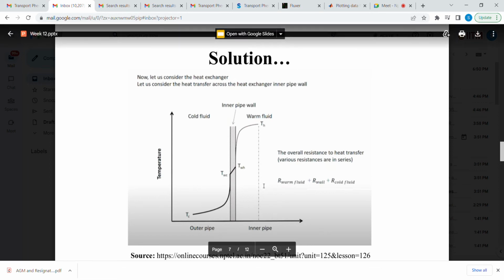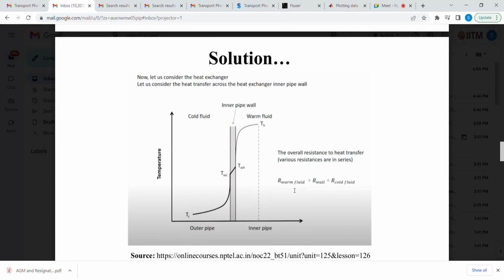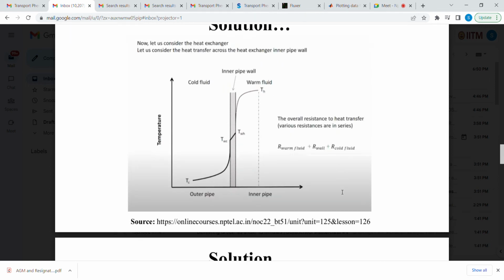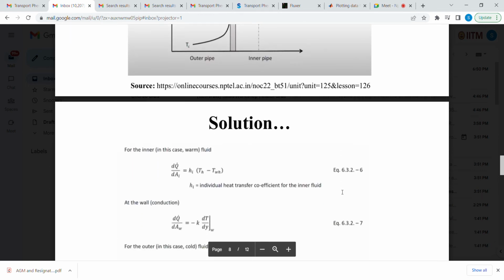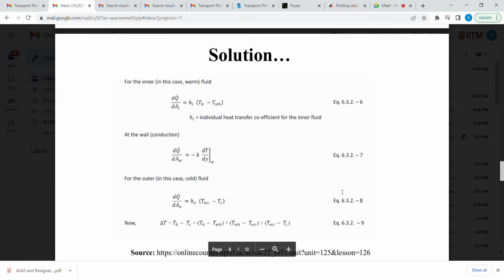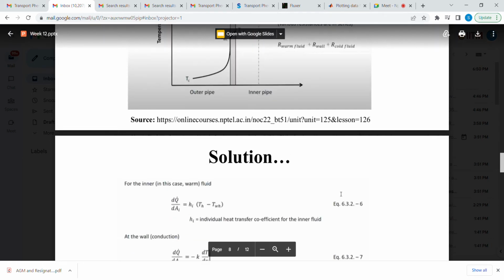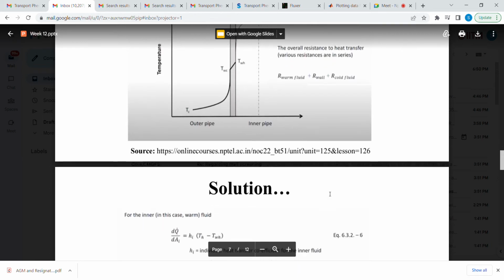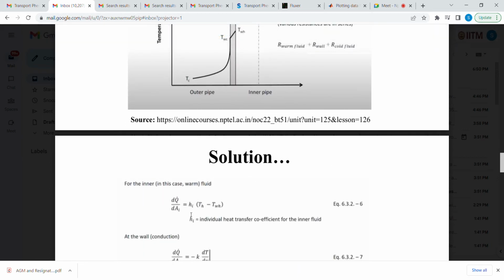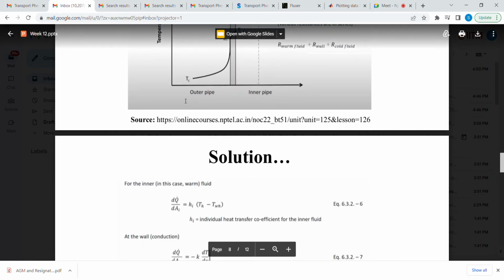So basically the resistances add up: resistance of the warm fluid plus resistance of the wall plus the resistance of the cold fluid.